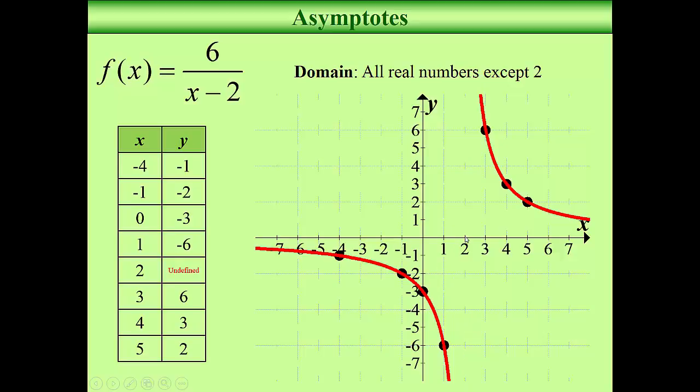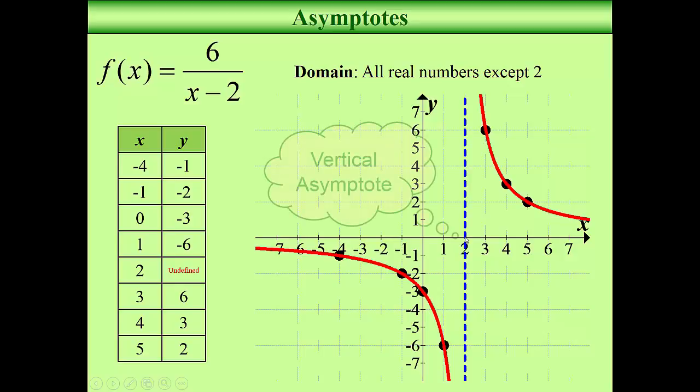There is a magical line at x equals 2 called an asymptote. Now that is not part of the graph. It's just a line that signifies that there's nothing on the graph at that spot.